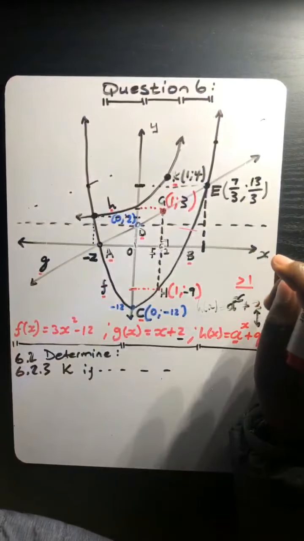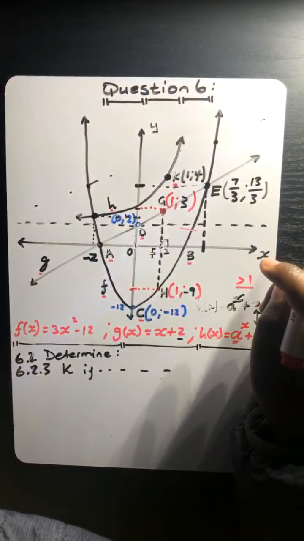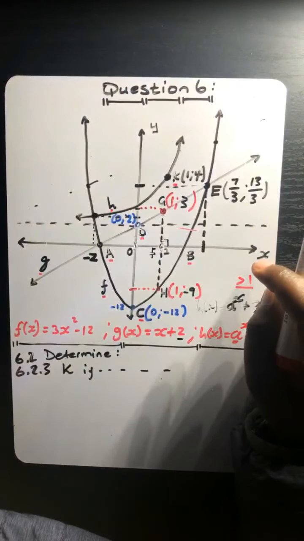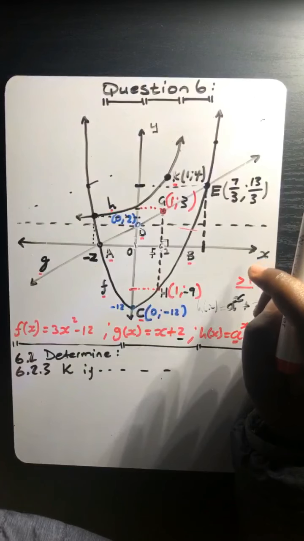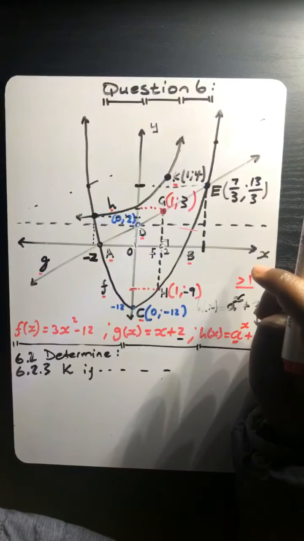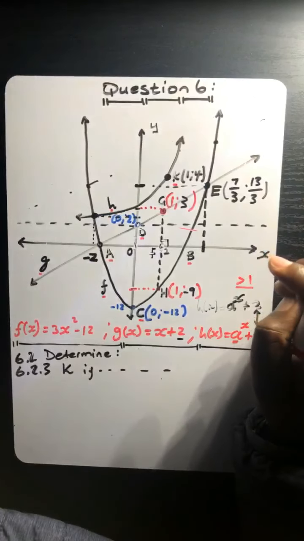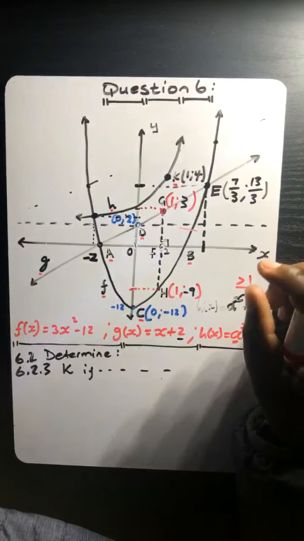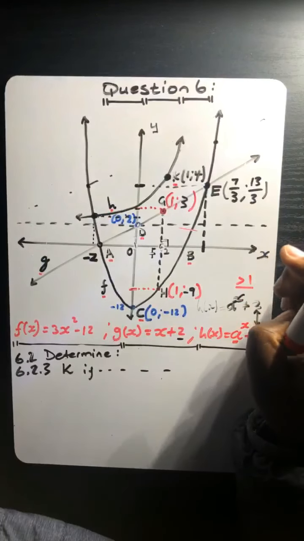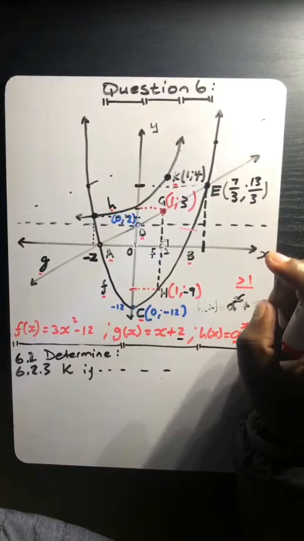Shreyas, which function would you like me to swing and along which line? Maybe Lerato, which function would you like me to swing and about which axis? Graph of h, sir, and the y-axis.